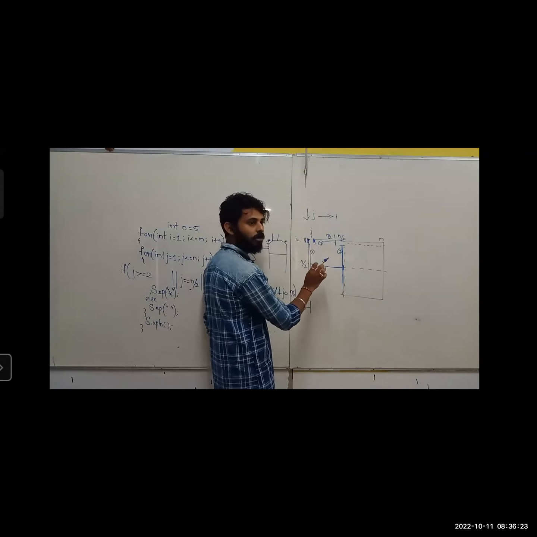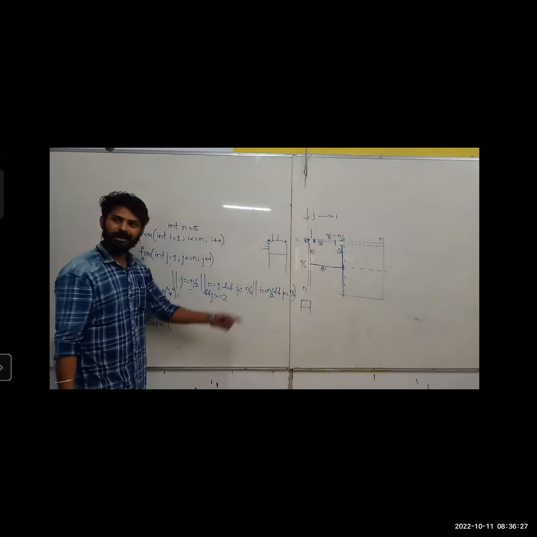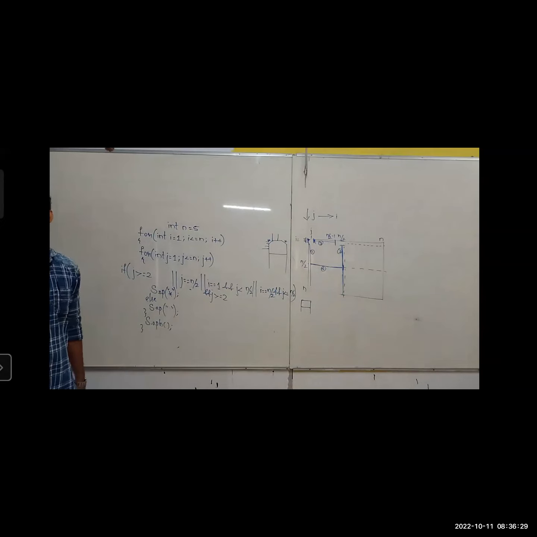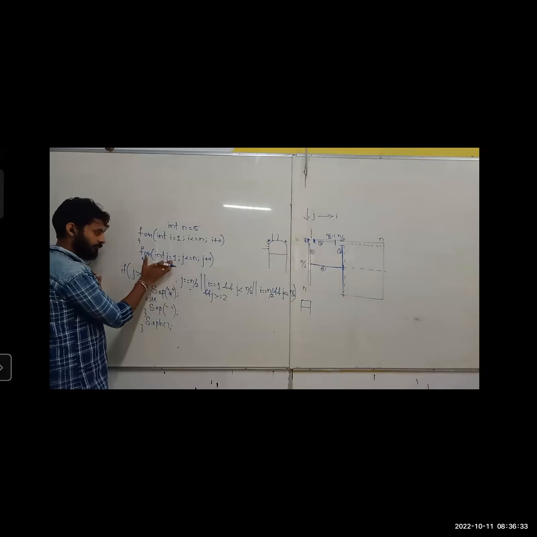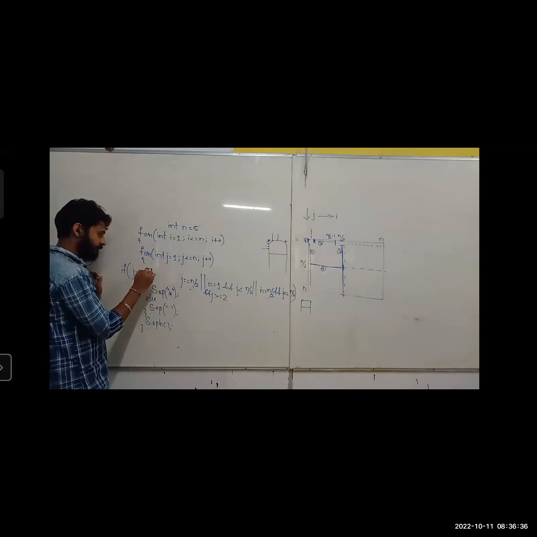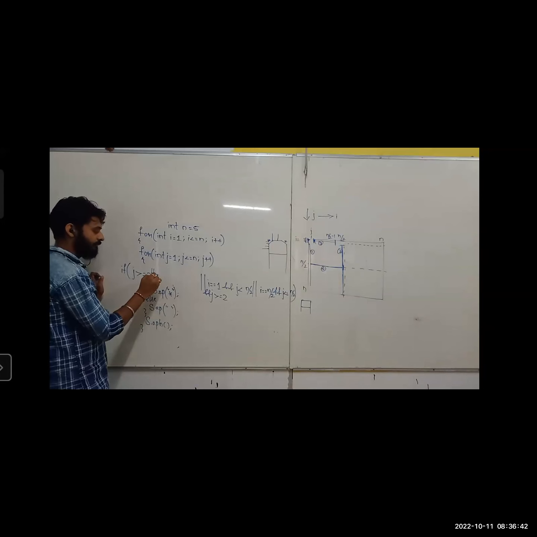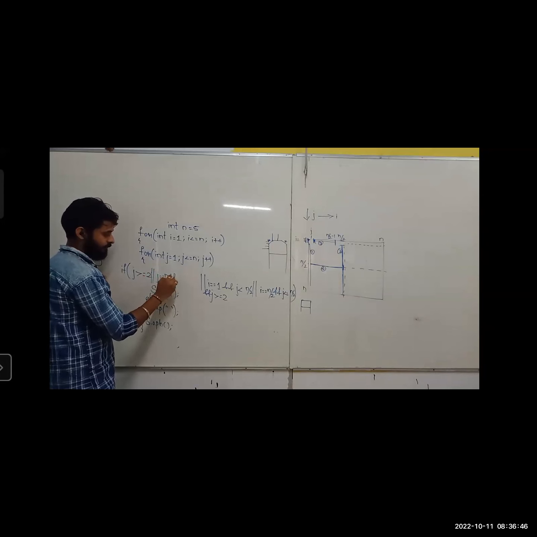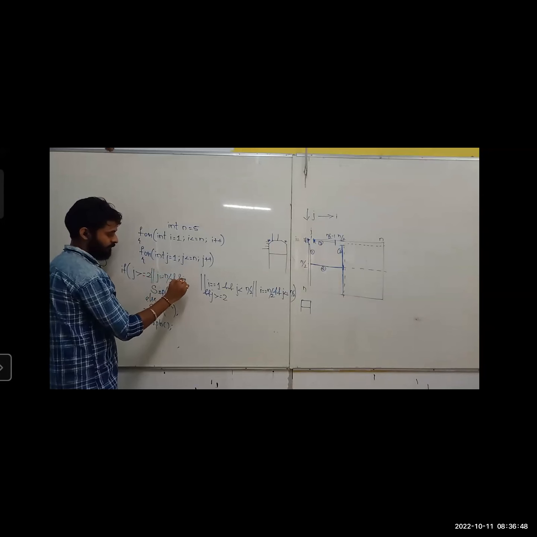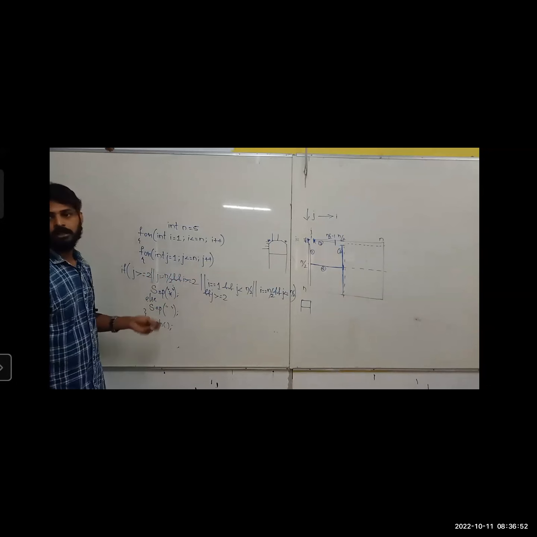Getting my point? And for J you need not write the ending point on this side, because it is going till the end. So what should I write here? J equal to n by 2, and I greater than or equal to 2. That you will get your A.